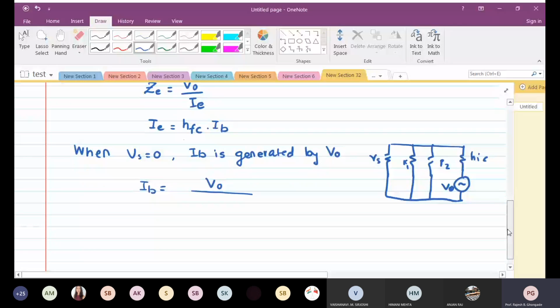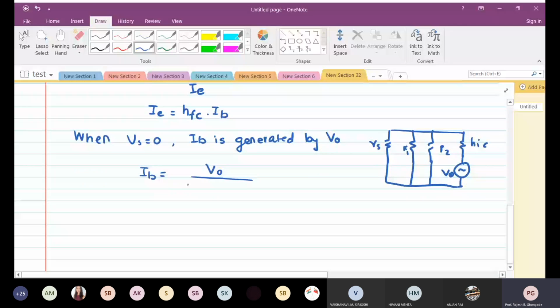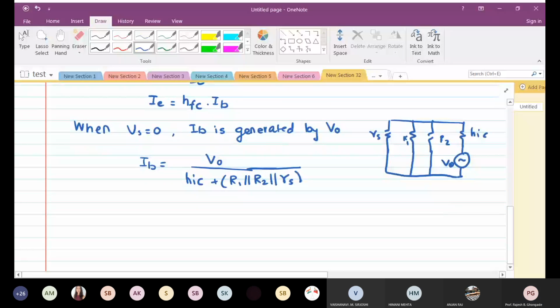So in the denominator, I'll have HIC plus R1 parallel R2 parallel RS. This is my HIE. Do you agree to this?